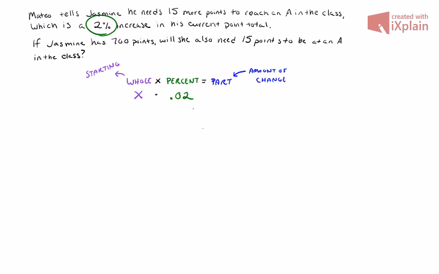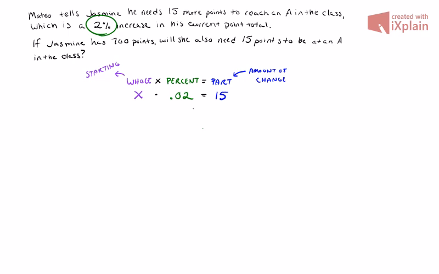Hearing the words 2 hundredths should make sense because that's the same thing as 2 over 100 as a fraction, or in other words, 2 per cent, and recall that cent stands for the word 100. So we know that the part, or the amount of change that he's going to experience, is that 15 points.